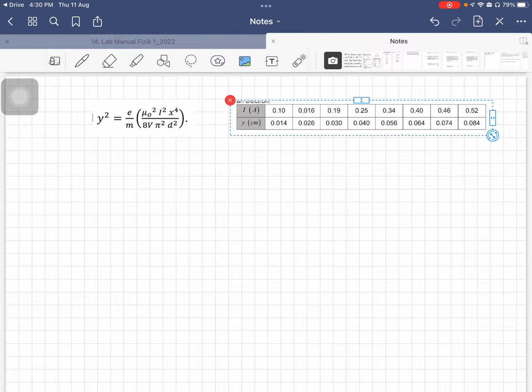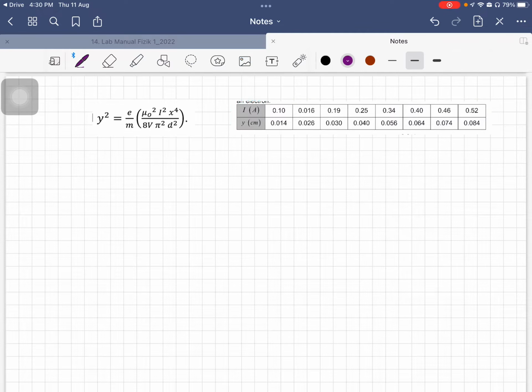First of all, we want to plot a graph on the graph paper. You need to plot this one by one. This number has a correction, it is 0.16. What you need first is to plot a straight line graph, converting it to y equal to mx plus c.